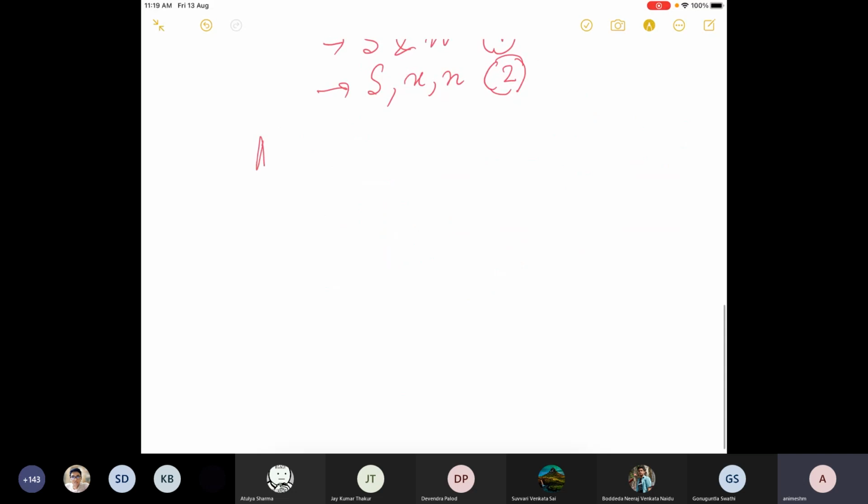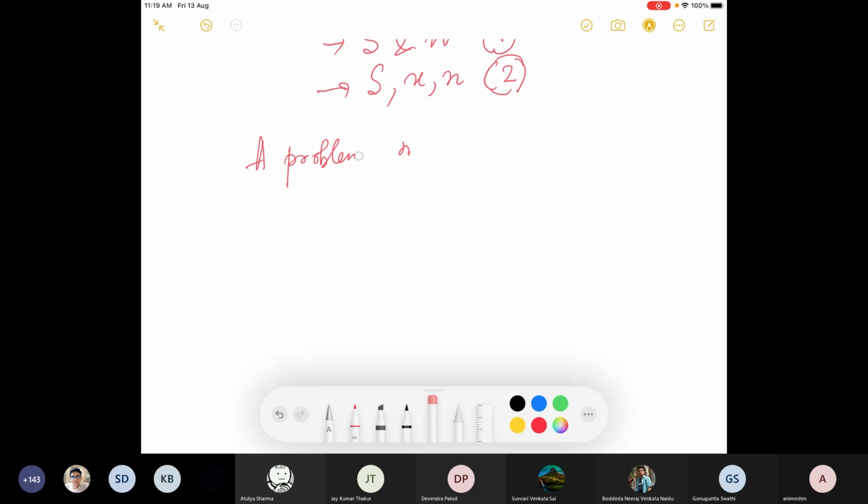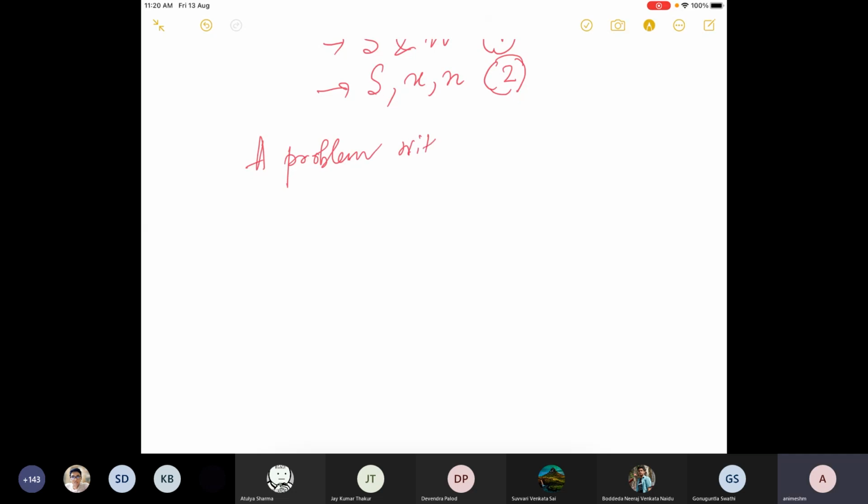Now, a problem with parameters specified is called? Anyone knows what this is called?